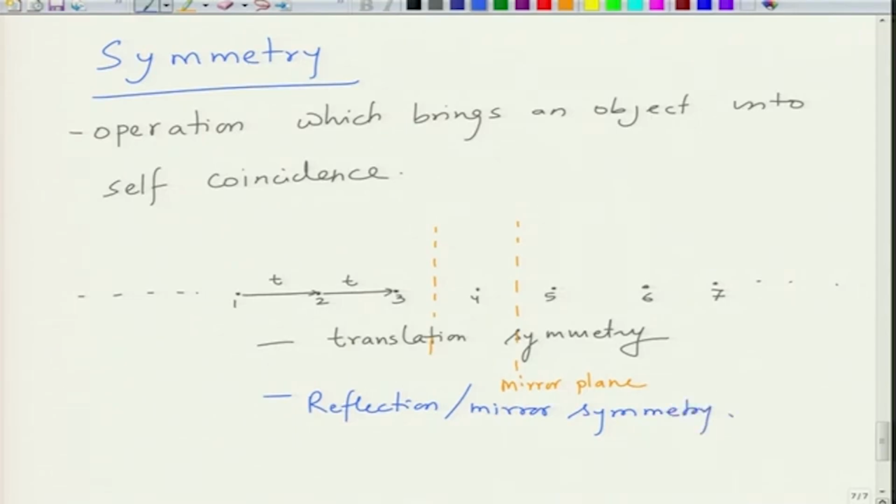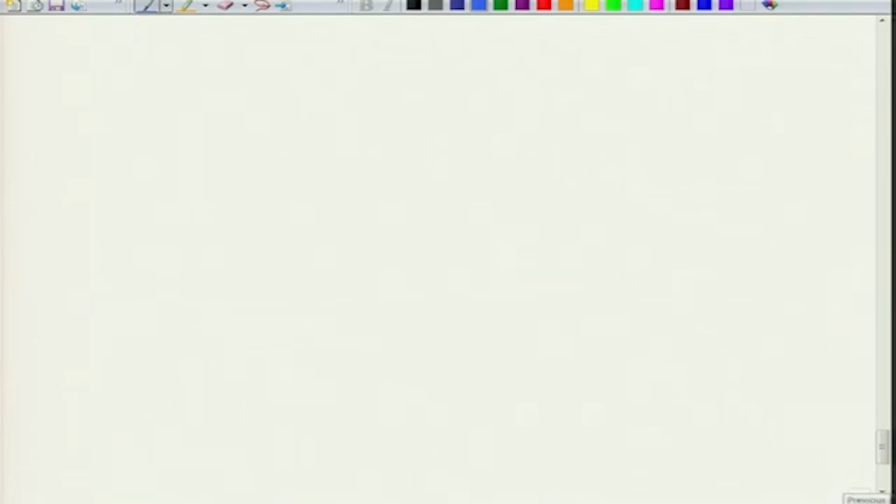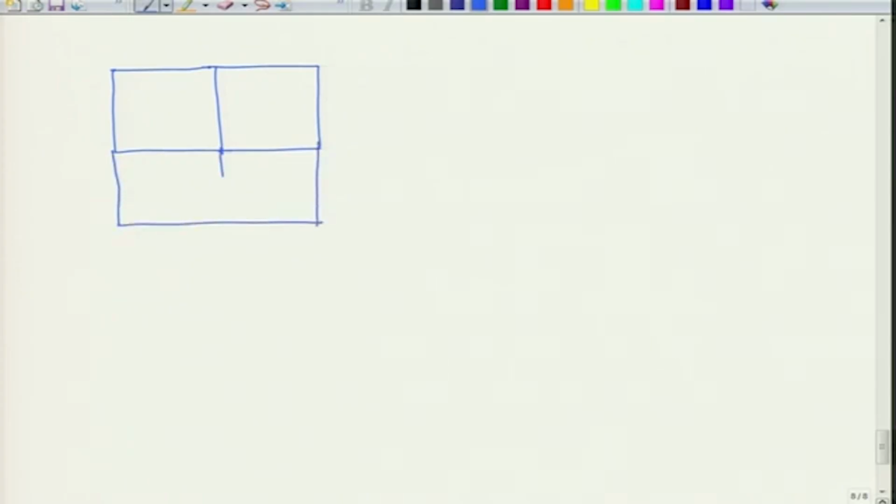And the other symmetry operations that you can perform are, so this is about 1D. Now in case of 2D, if you have a 2D object like this, let's say these are 4 squares put in such a fashion so that this is A, this is A, this is 90 degrees.